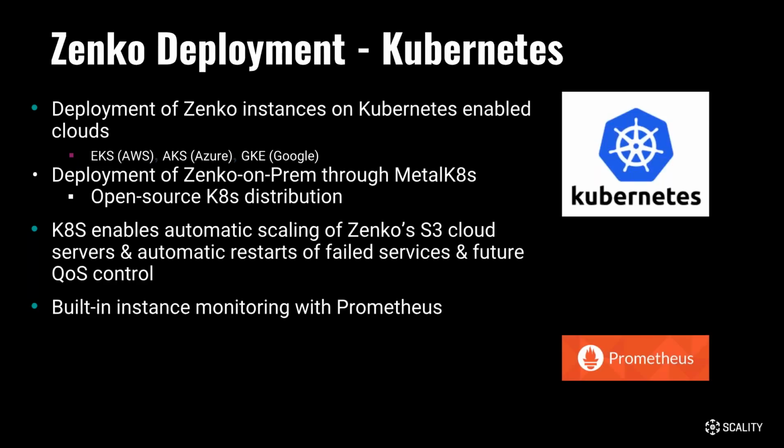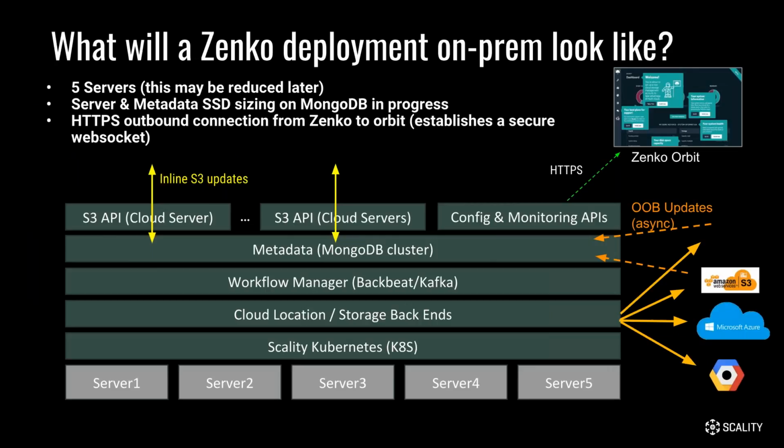If you move to the next slide. This is a typical deployment of Zenko on-prem on 5 machines. The system is scale-out, so you can deploy 5 and talk to any of the servers, and you get the same namespace, the same content.